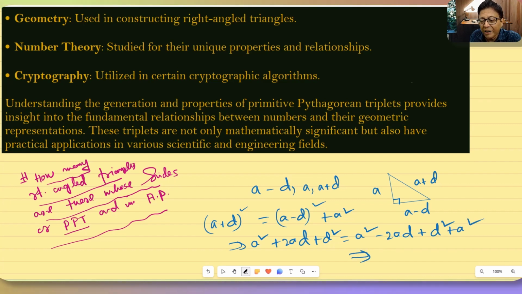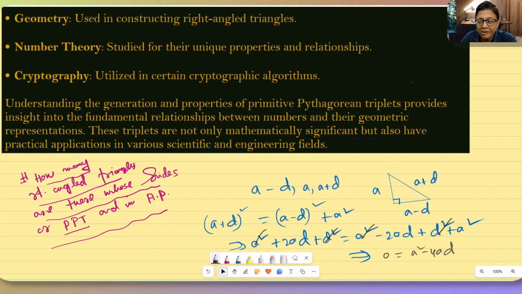So this implies, you cancel all these terms, A square, D square get cancelled. If you transfer all to the right side, this is going to be A square minus 4AD.